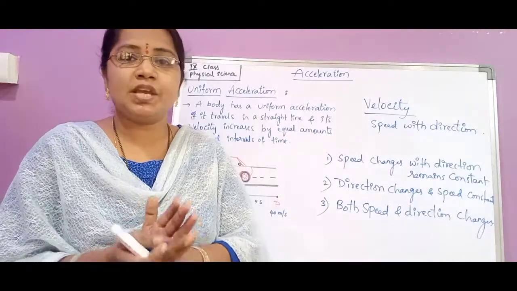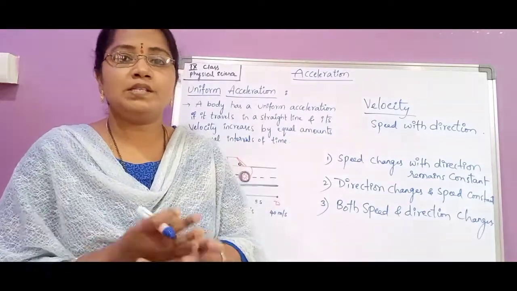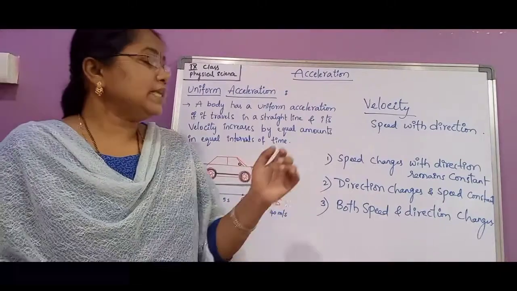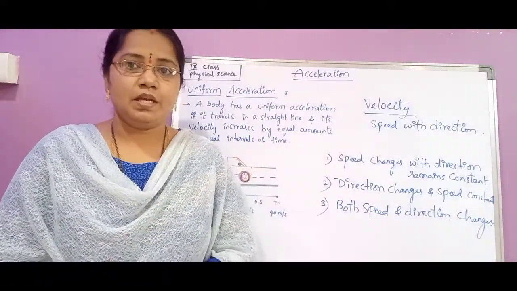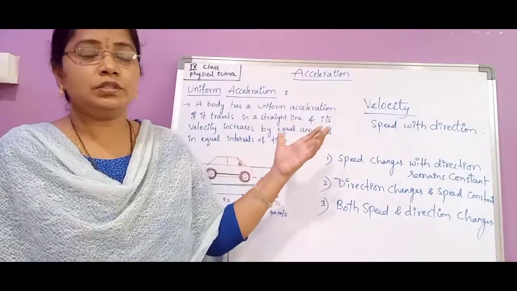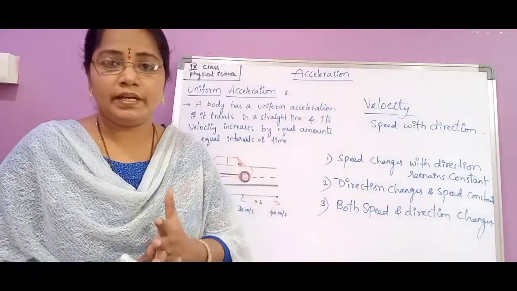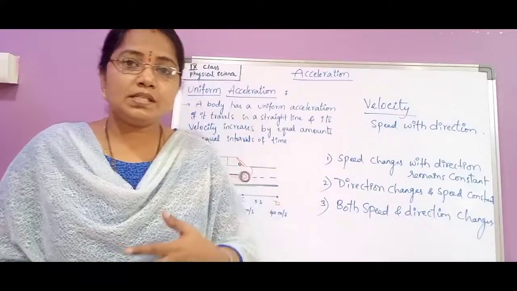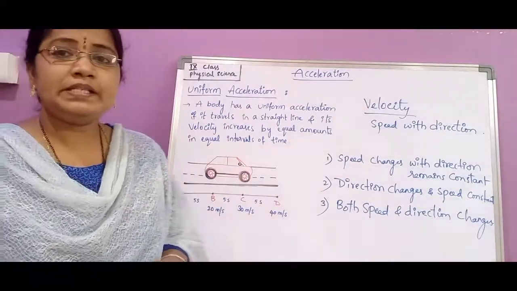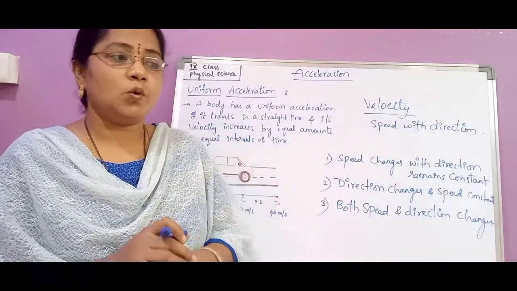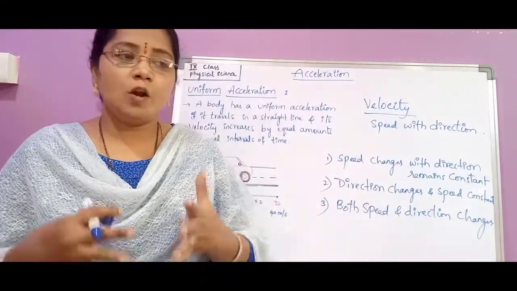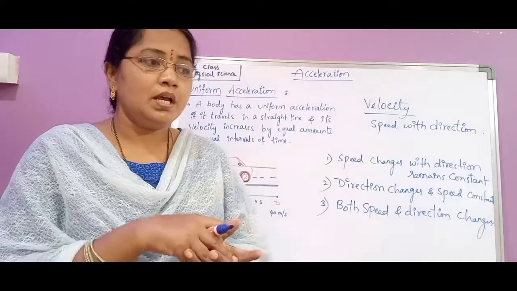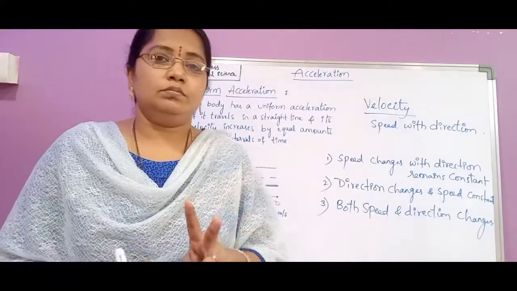And this acceleration gives an idea about how quickly the velocity of an object is changing. Here acceleration does not mean that an object is always moving with high speed. We cannot say that.